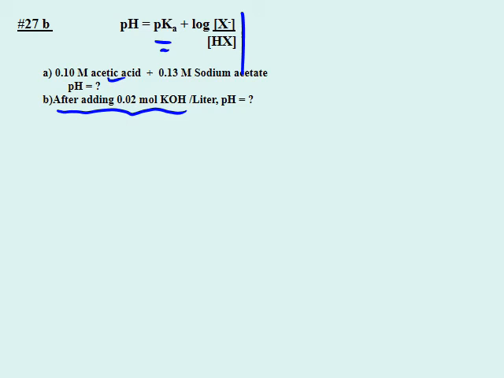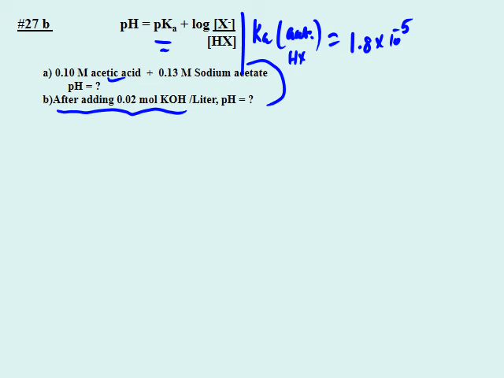So let's write down here Ka for acetic acid. And here we're writing down acetic acid as HX. So Ka for HX equals 1.8 times 10 to the negative 5. So that's the Ka value. In addition to that, we also know the concentration of HX before adding KOH.